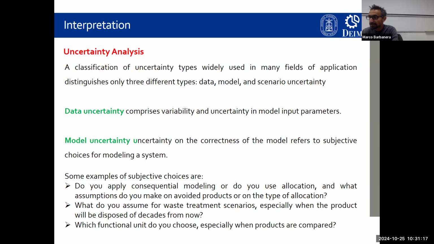We have said that we have the possibility to use two different classes of data, in particular primary and secondary data. Primary data obtained from direct measurements, instead secondary data from databases.